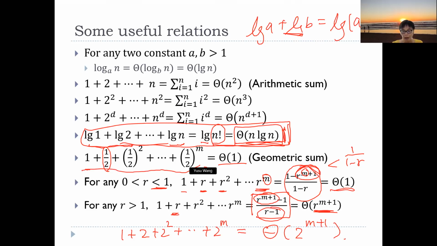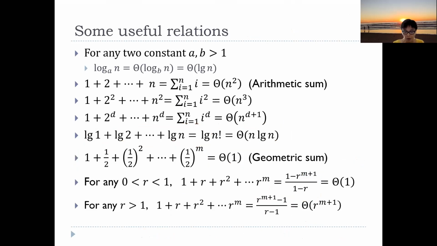Now I want to say a little bit more about this. If you only look at this part, you can let m go to infinity. You keep halving it. Imagine that you are at point A and you want to go to point B, whose distance is 1.